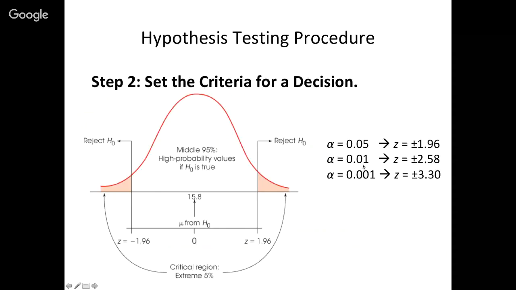So 0.01 is more conservative than alpha equals 0.05, meaning it's even more unlikely we can randomly find a sample with the mean falling into this smaller region. So we can also use the alpha value 0.01, which is even more conservative.